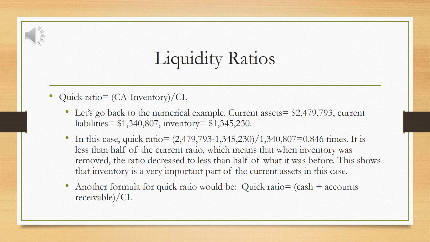Quick ratio equals current asset minus inventory over current liability. Let's go back to the numerical example. Current asset equals 2,479,793. Current liabilities equal 1,340,807.